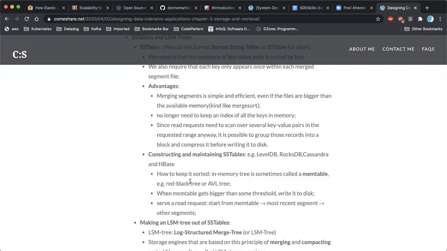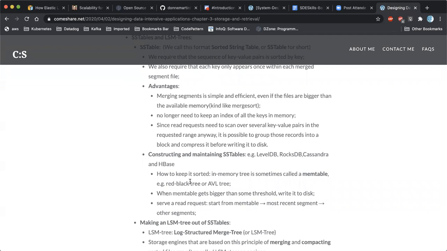We were initially using a hash map. Now there are a couple of combinations here: you can maintain both hash map and AVL trees, or you can maintain just one of them. The AVL tree is to keep your data sorted for the SS table.